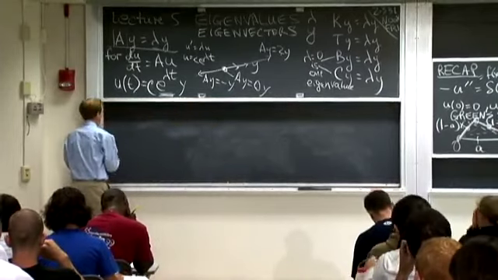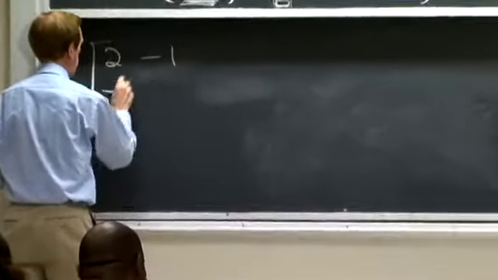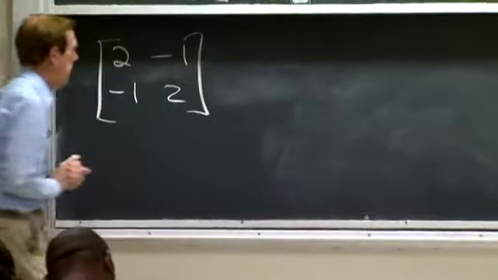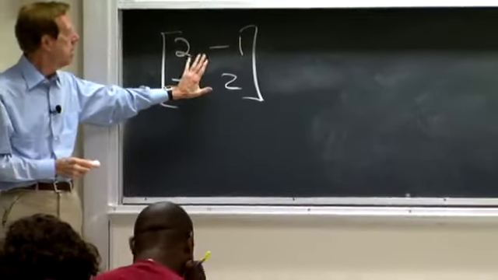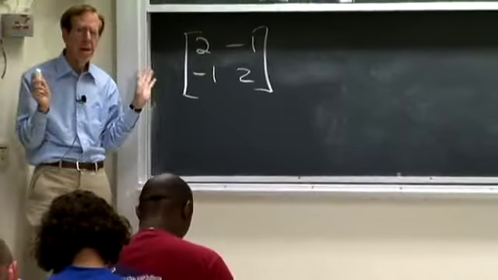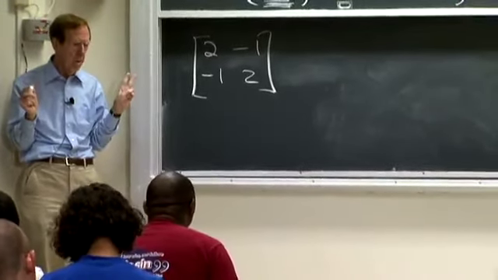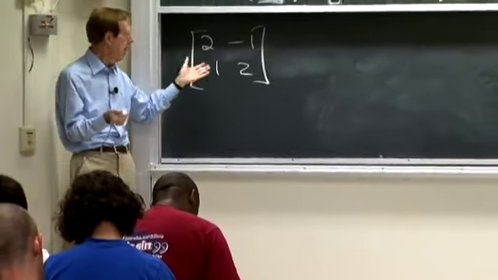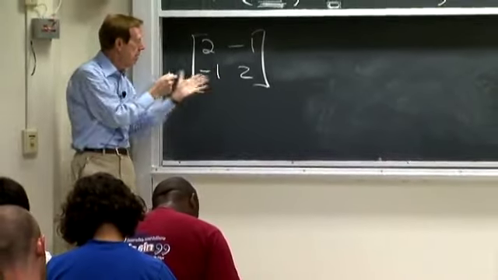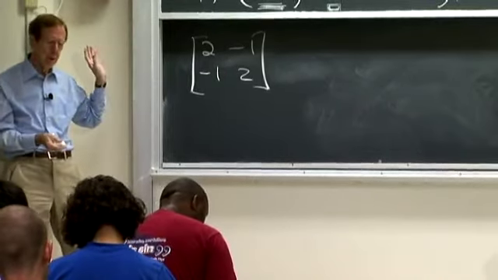Let me find them for one particular symmetric matrix. Say this one. That's a 2 by 2 matrix. How many eigenvectors am I now looking for? 2. You could say, how do I find them? Maybe with that 2 by 2, I can even just wing it.